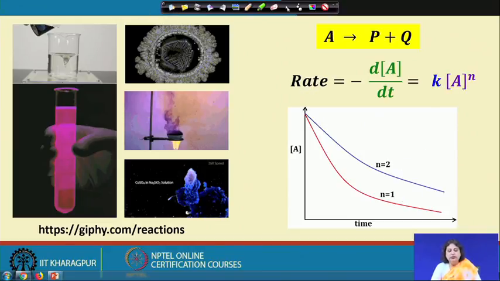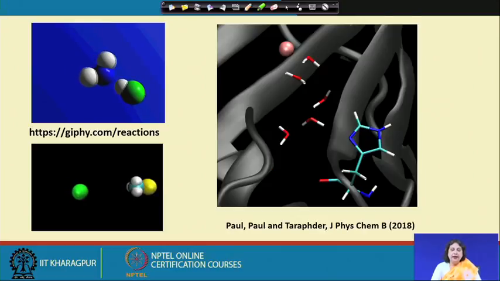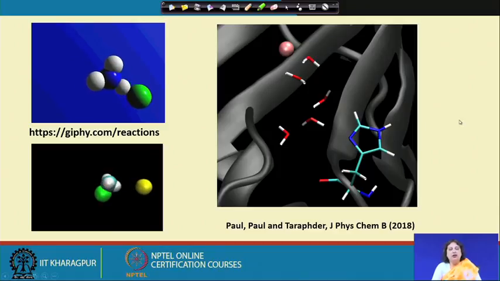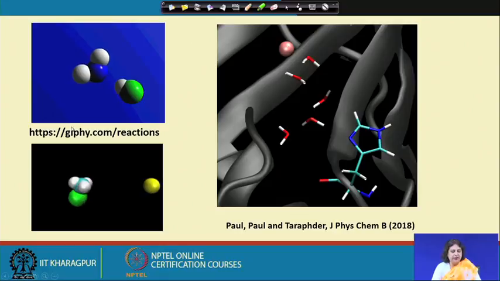Now, in order to do this, obviously, I need to set up the microscopic view of chemical reactions. As chemists, we are usually familiar with a molecular picture like this associated with a chemical reaction.